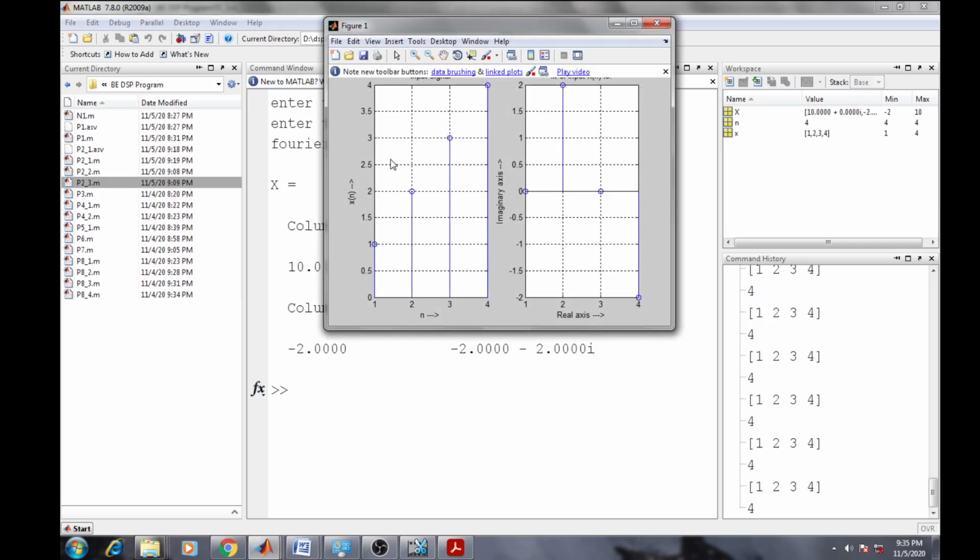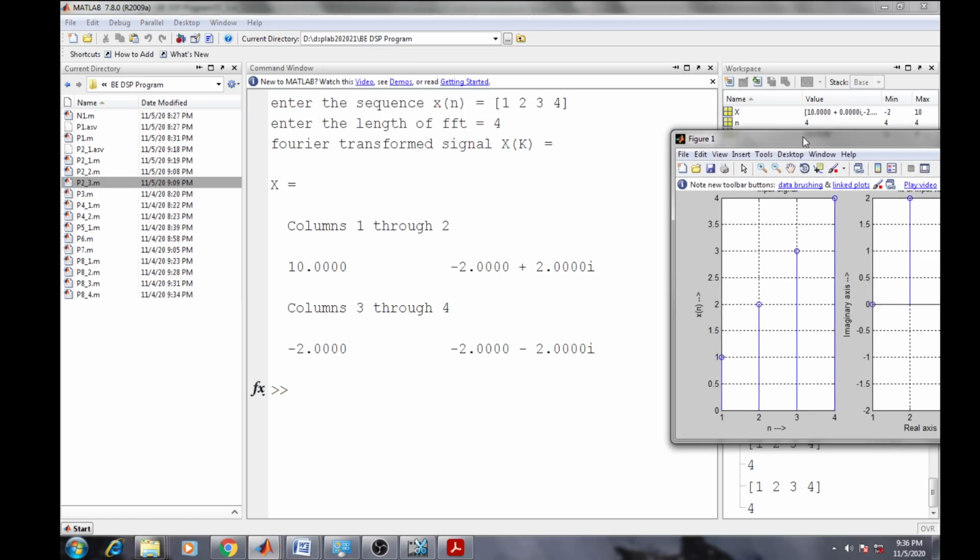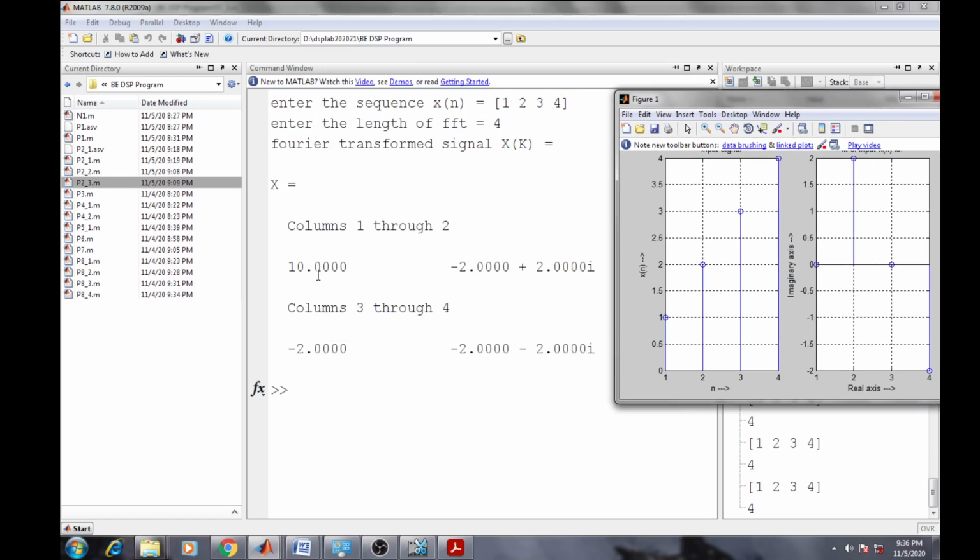I will get the output here, that is 10, minus 2 plus j2, minus 2, minus 2 minus j2. In the earlier program we also got the same values. These values are repeating. I already told you that these three programs are very similar, only the writing style is changed.